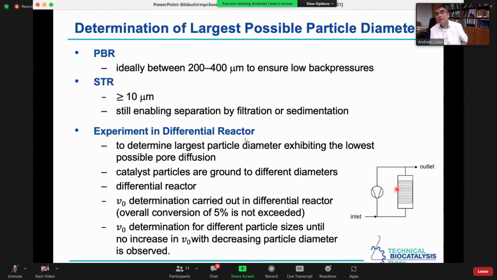Initial rate is easy because in the differential reactor we have just 2 to 3% conversion per pass through the packed bed. If you remember the section on kinetic studies, we said you are in the initial rate measurement region if you are below 5% conversion. Therefore, overall conversion must not exceed 5%.